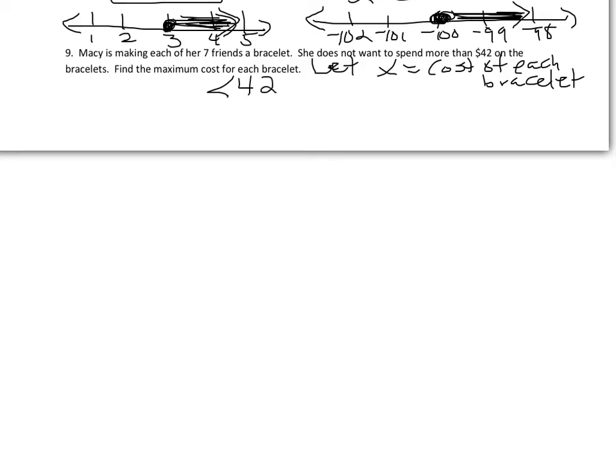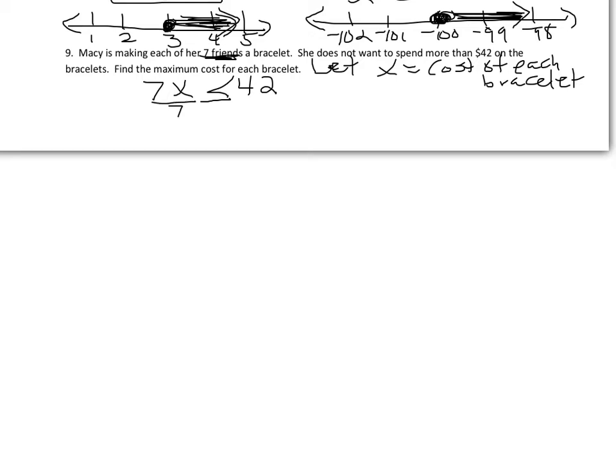Now, she doesn't want to spend more than that, but she could spend exactly that, so we're going to make it less than or equal to. Her cost is x for each bracelet, and she's making it for 7 friends. It would be 7 times x that gives you the cost. So we want that 7 times x to be less than or equal to 42.